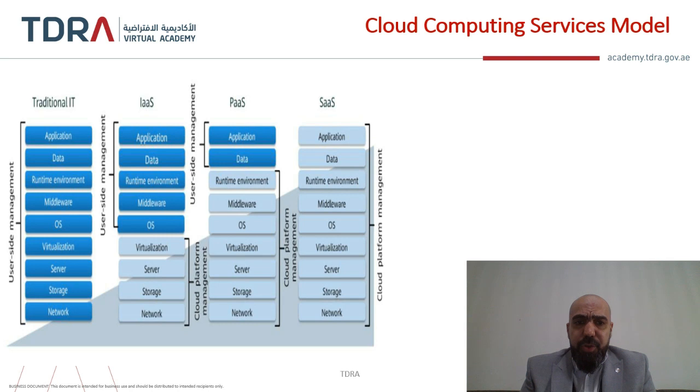Your VM machines, everything, is managed by the cloud. For you as a network engineer, you have to install the operating system, Windows, Linux, whatever. Okay, and do the middleware and runtime environment between your data and operating system and the application. So in the upper portion, you as a network engineer will take care fully of it.